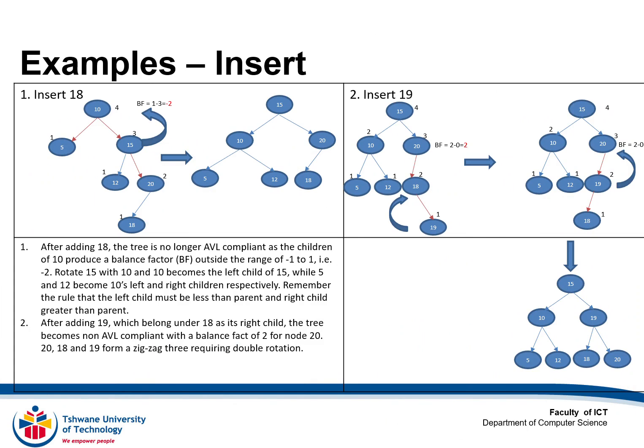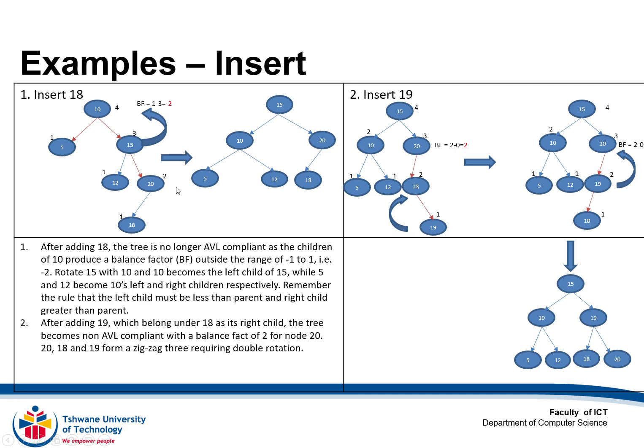Alright, let's now delve into some examples. Given 18, the tree originally ended here. When we check, 18 is greater than 10, it's greater than 15, but when we compare it with 20, it's less than 20, therefore 18 will sit there.